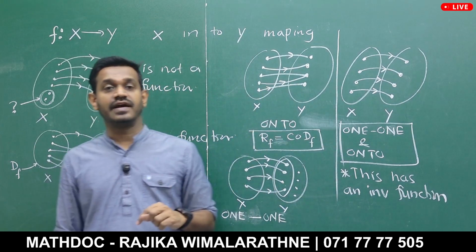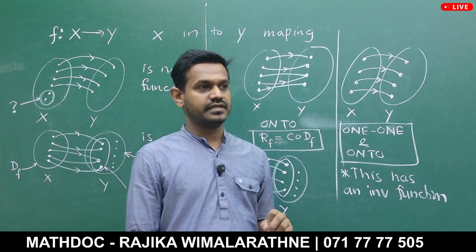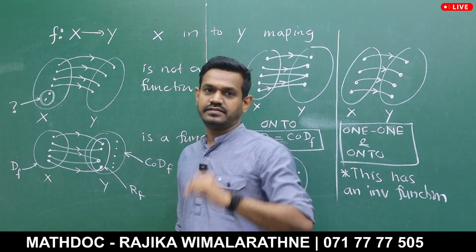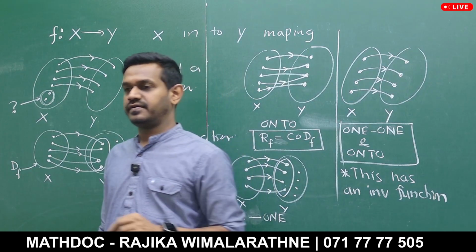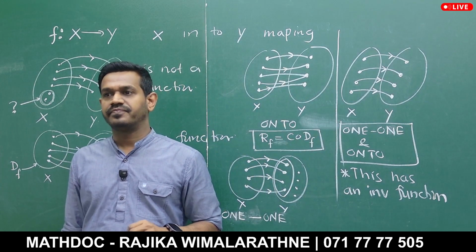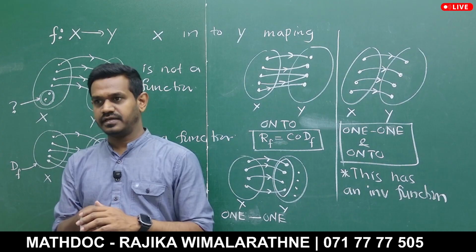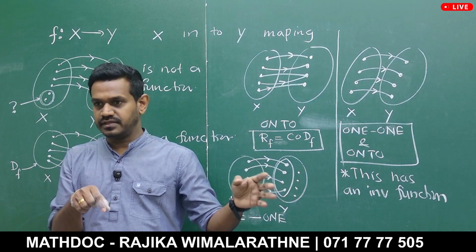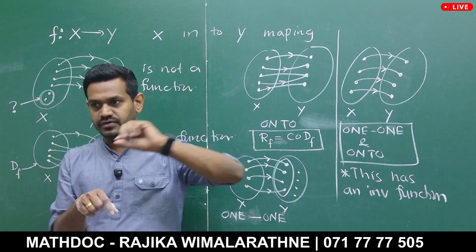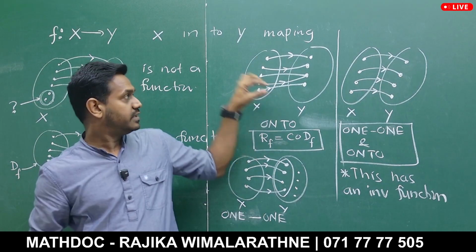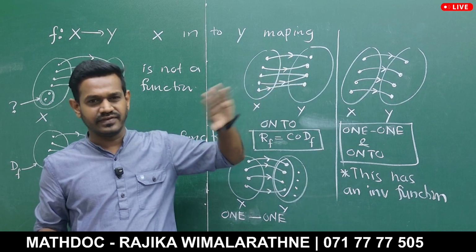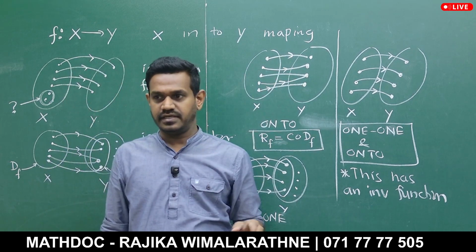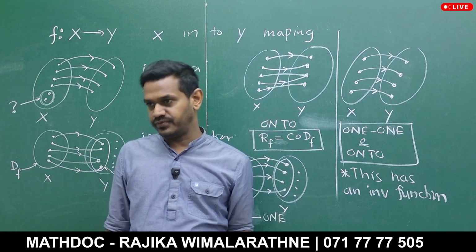Otherwise it is many to one. Okay, so we have 1 to 1 relation, otherwise it is many to one: 2 to 1, 3 to 1, and so on. So especially 1 to 1 is the thing. We call it injective, otherwise many to one.